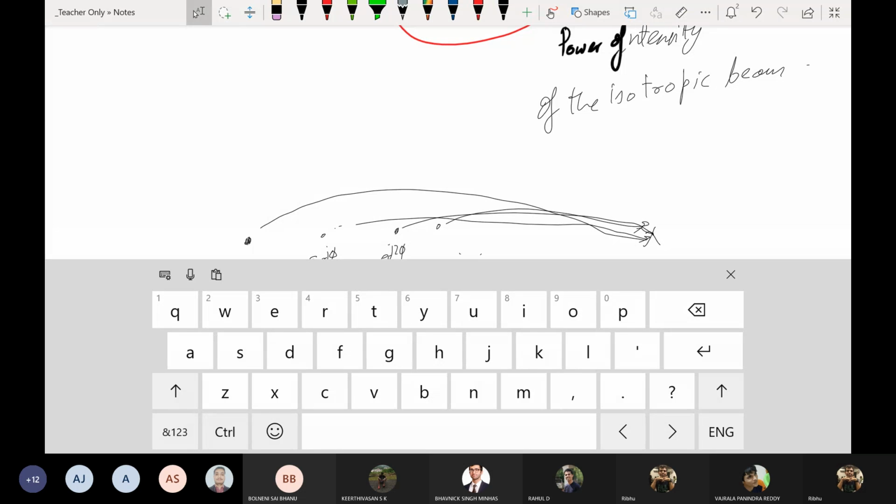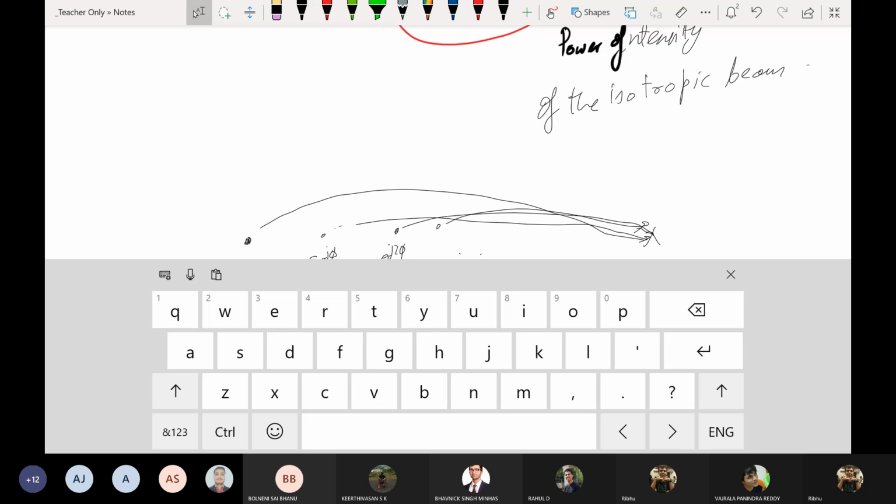Obviously, in an antennas and electromagnetics course, you would spend some 10 to 15 lectures on forming beams, or beamforming, but this is just to give an overview of the idea. So you can have a non-isotropic antenna from a combination of isotropic antennas, right?